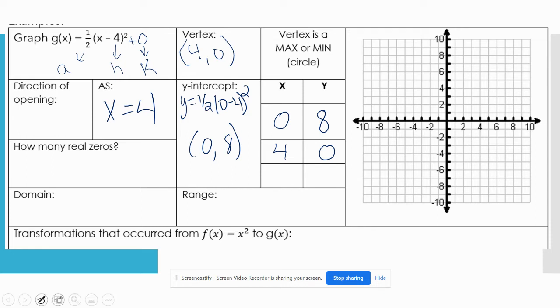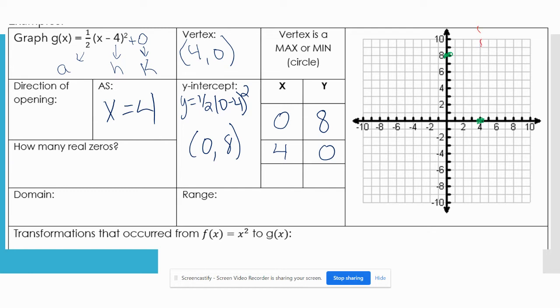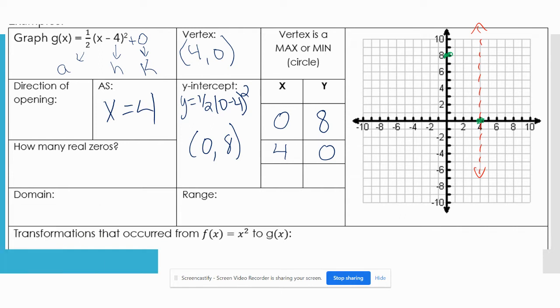If I plot our 4, 0, it's right here, plot the 0, 8, which is up here, and draw in my axis of symmetry here, then we can use the fact that if we have 0, 8, 1, 2, 3, 4 to the left of my axis of symmetry, then I also have to have that same point 4 to the right of my axis of symmetry.